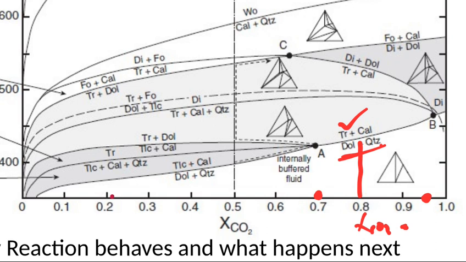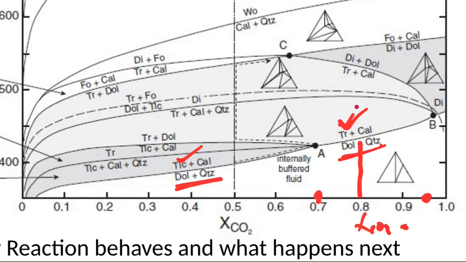Now see this difference. In case xCO2 is less than 0.7, dolomite plus quartz gives talc. But when xCO2 is greater than 0.7, dolomite plus quartz will directly give tremolite. One zone is skipped if the xCO2 is very high.